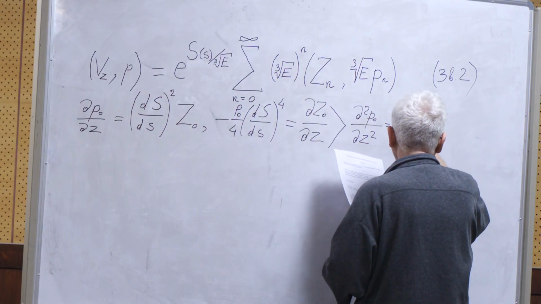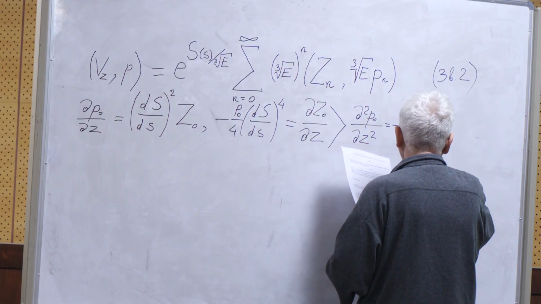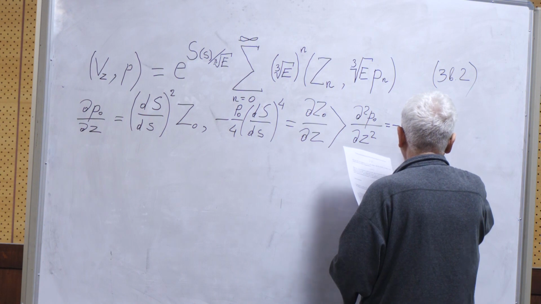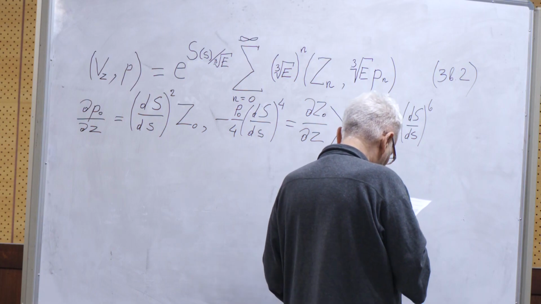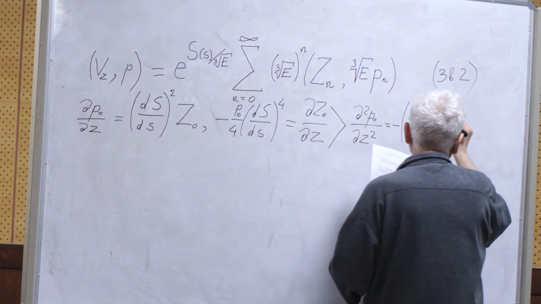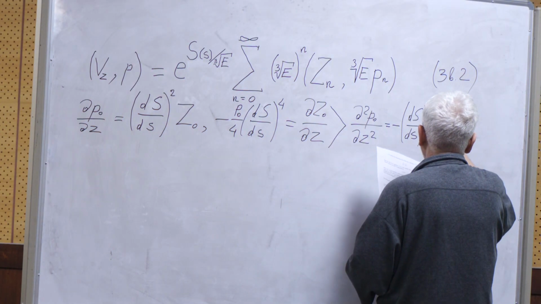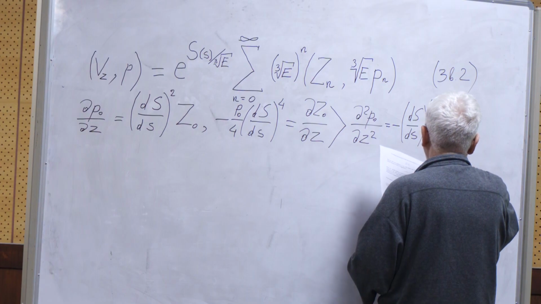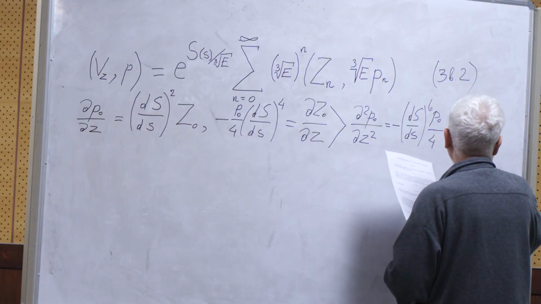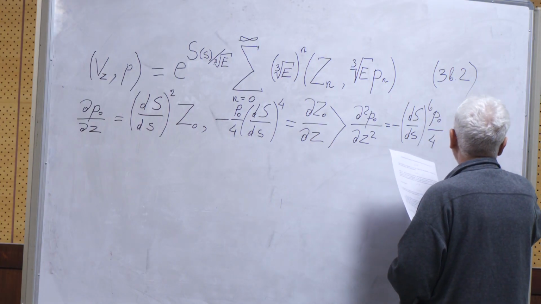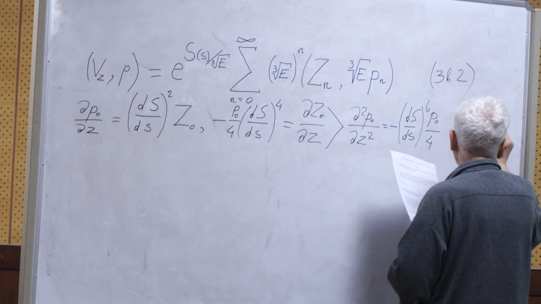Here the sixth power comes first. And also there is a contribution here. Okay, this is formula 3b3.